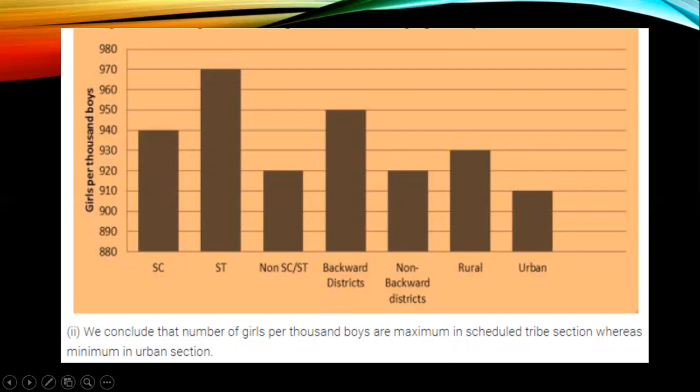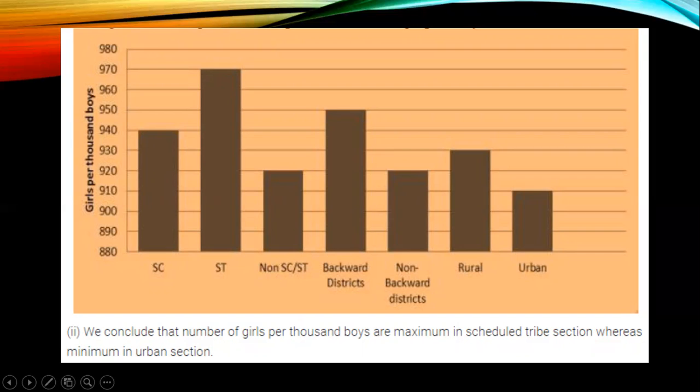Now, as you could see from the graph itself, we have plotted that the number of girls in scheduled caste is 940, in scheduled tribe is 970, in non-SC/ST it is 920, in backward district it is 950, and so on. All that I did is make a bar graph from the data that is given in the question.